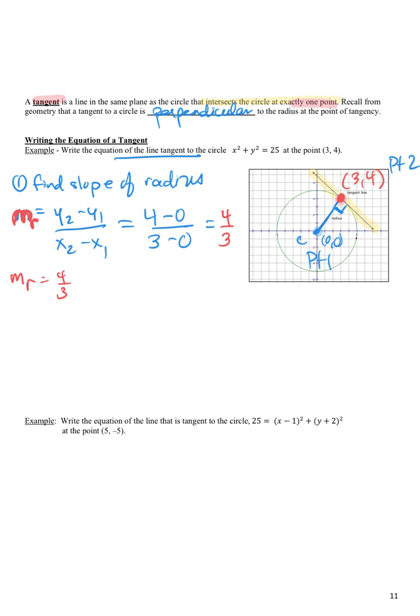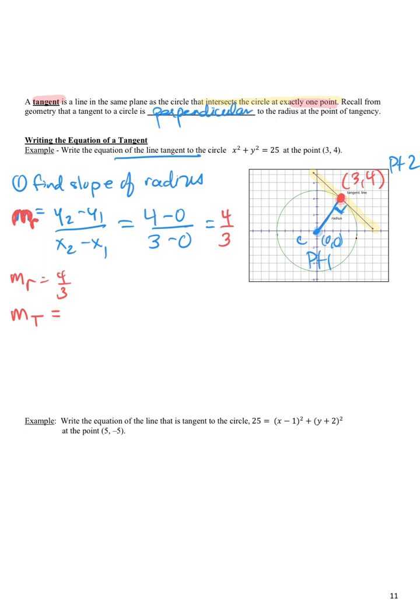But I don't want the slope of the radius. I want the slope of the tangent line. So what is the relationship between the slope of a line and the slope of a line that is tangent to it, meeting at 90-degree angles? If I know the slope of the radius, what is the slope of the tangent line?